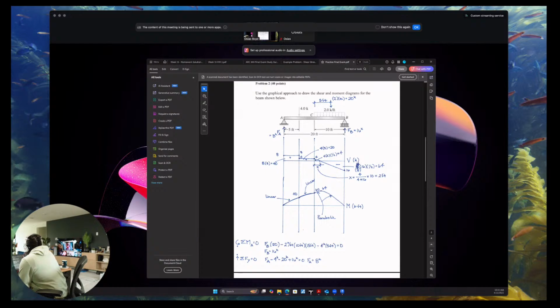So the moment diagram climbs to plus 40 over this section.